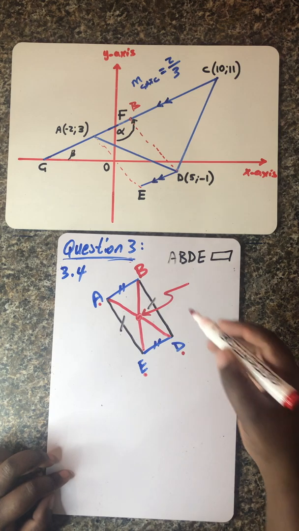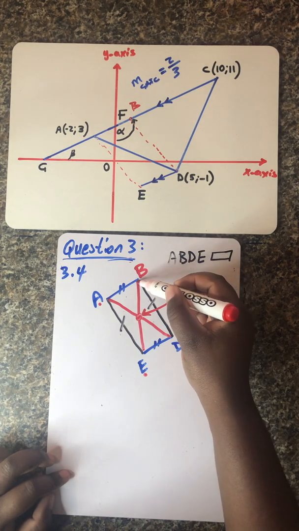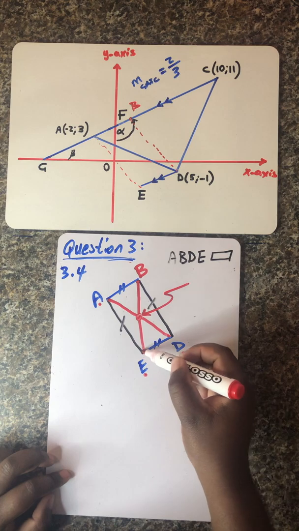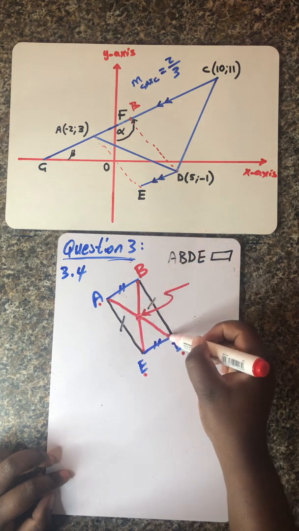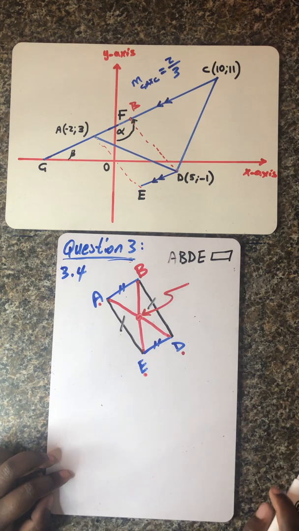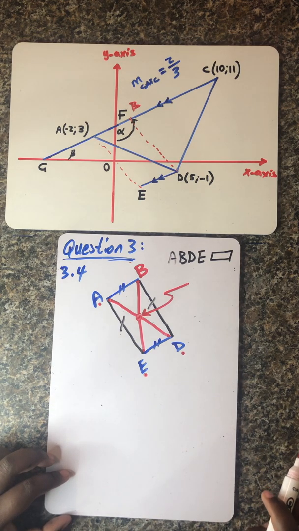In terms of the lengths, guys, does it mean the length of B and E equals the length of A and D? This is a question that I'm asking you. According to me, I think they are equal in terms of the lengths.